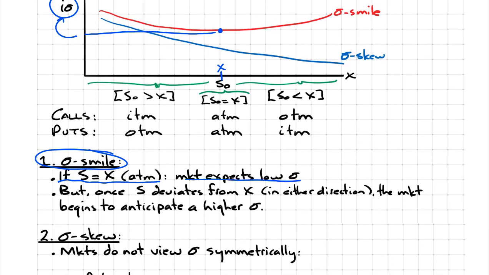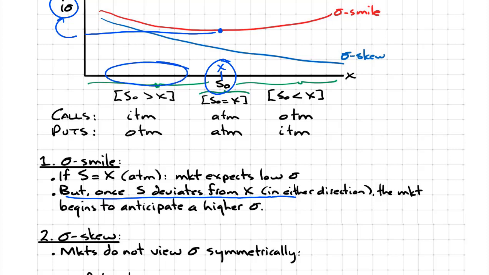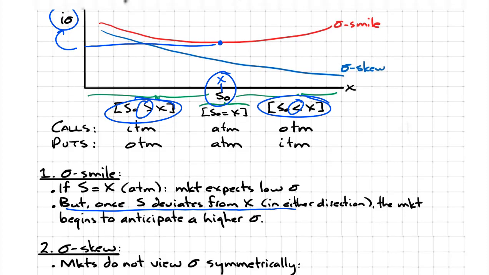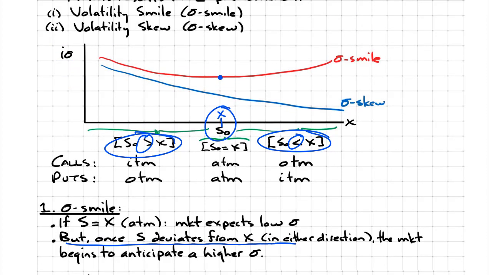So the market expects the lowest possible volatility at that point in time, because the markets are thinking, oh, the spot is hovering close to strike, and therefore maybe they don't expect the price to make a large movement. However, once the spot price deviates from strike, in other words, if you're in this range, so if the spot is now deviating from strike, in which it's either more or less than the strike, what happens to implied volatility?